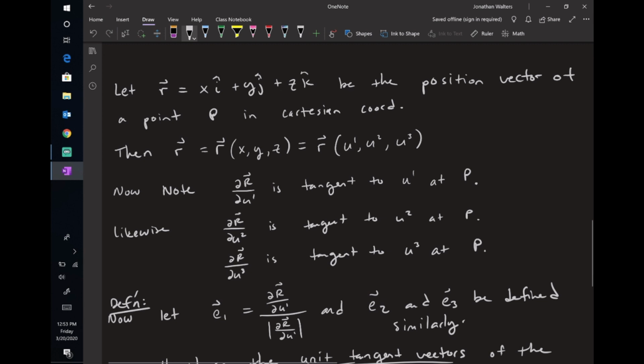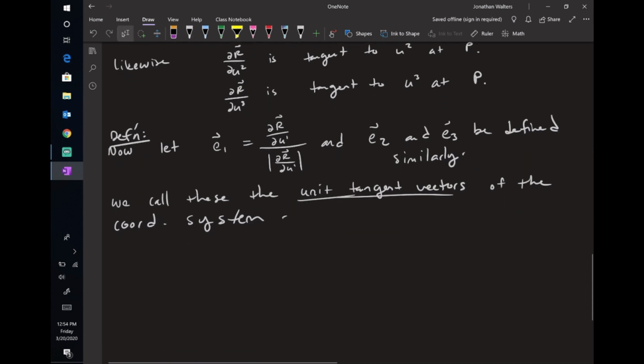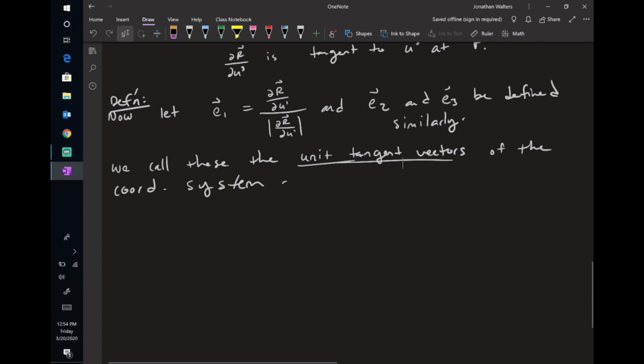Partial r, partial y would be j hat, tangent to the y direction. And partial r, partial z would be k hat. So if you use Cartesian instead of general u1, u2, u3, you would get i, j, and k. That's what we're doing: generalizing the idea of a basis in Cartesian to a basis in any coordinate system.